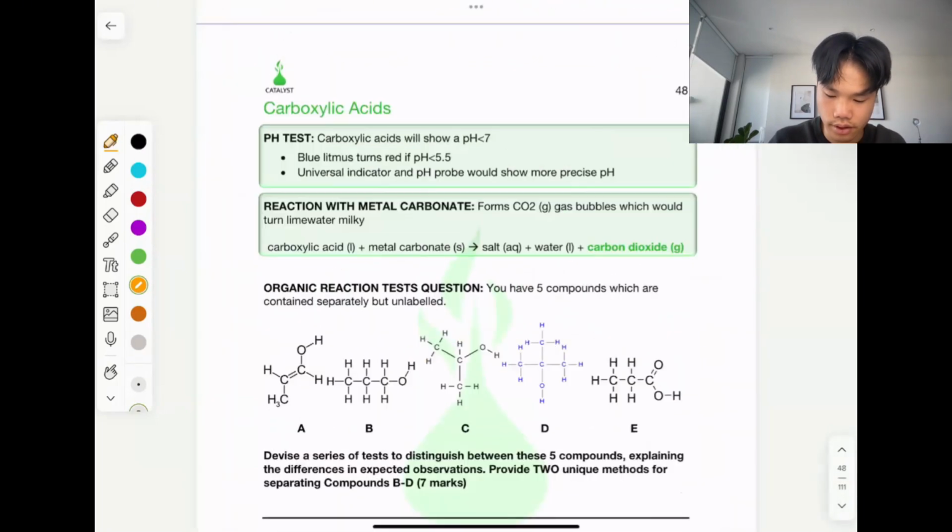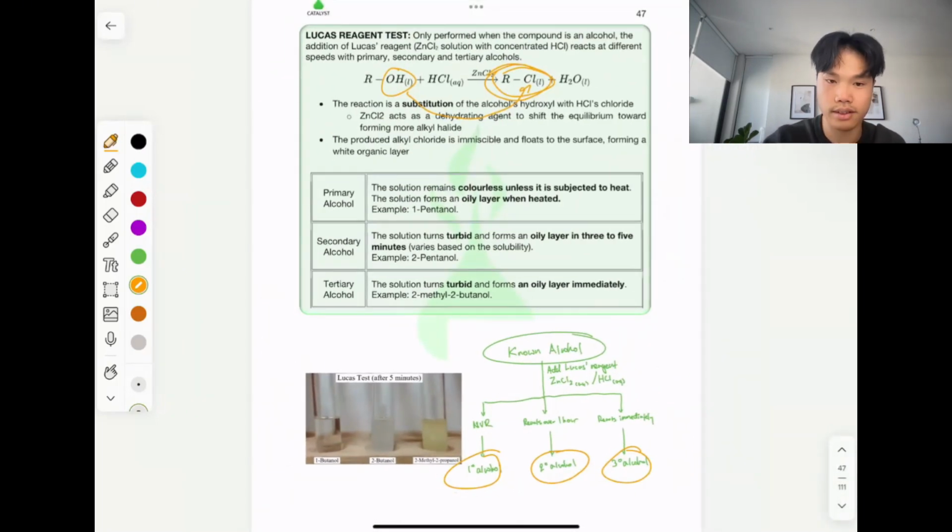I have a question. For a confirmation test of alcohol, can you just use Lucas reagent? But what do you mean by confirmation test? Like, you don't know if the substance is an alcohol or not? Right. Well, you would miss the primary alcohol, so I wouldn't use Lucas reagent to confirm the presence of an alcohol.